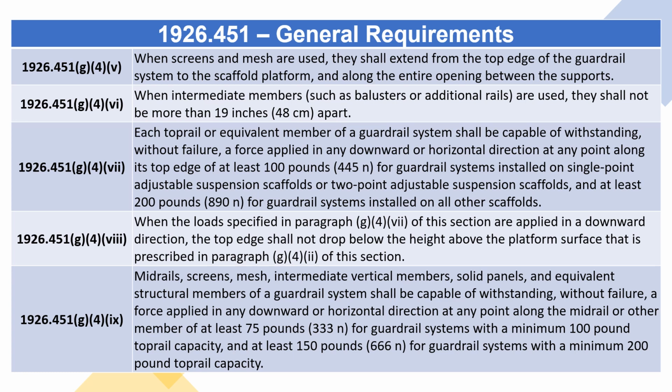When the loads specified in paragraph (g)(4)(vii) of this section are applied in a downward direction, the top edge shall not drop below the height above the platform surface that is prescribed in paragraph (g)(4)(ii) of this section.